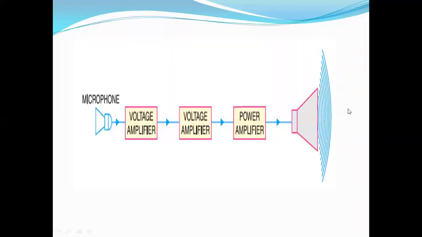Before giving the signal to the loudspeaker, the sound signal is converted into an electrical signal, and that electrical signal is amplified by a number of voltage amplifiers up to the required level. And before giving the amplified signal to the loudspeaker, it is amplified by the power amplifier. So this is the figure which represents this topic.